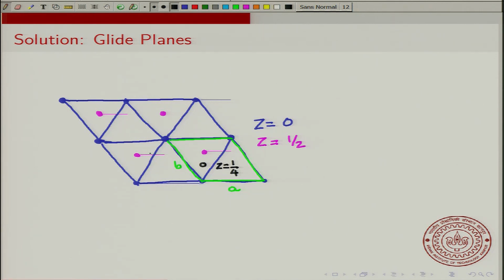I should also mention that there would be other inversion centers. So, for example, there would be one here. All these are at z equal to 1/4, and similarly there will be one at z equal to 3 by 4.